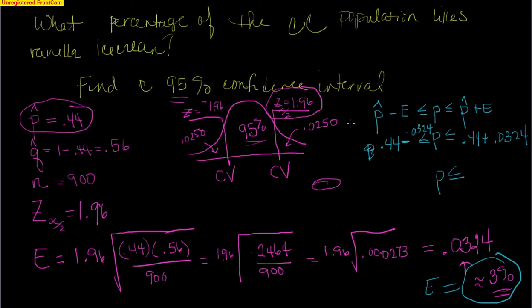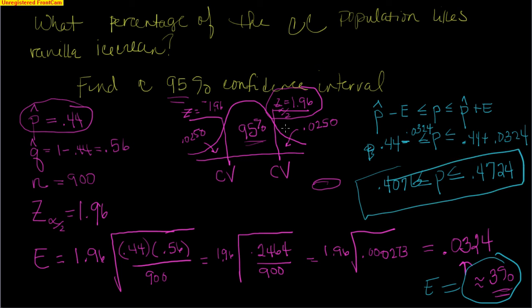Then doing that in your calculator, your true percentage will lie between 0.4724 and, above, greater than 0.4076. And that's the way you're going to write the answer.